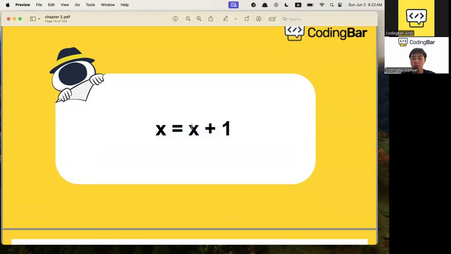In this statement, we are adding 1 to x. For example, if our x is 2, 2 plus 1 will be 3, and we're assigning this 3 back to x again. So after this statement is executed, x will be 3.